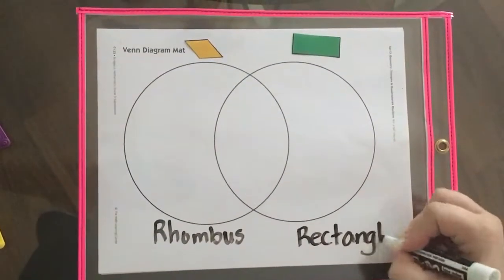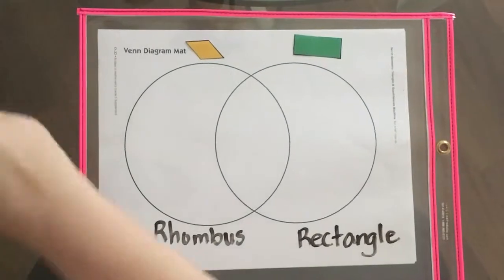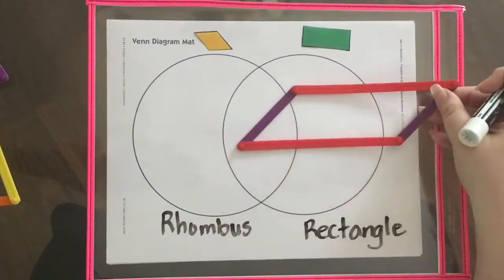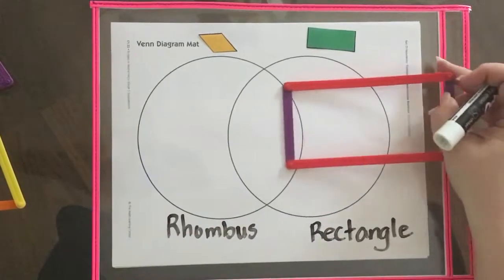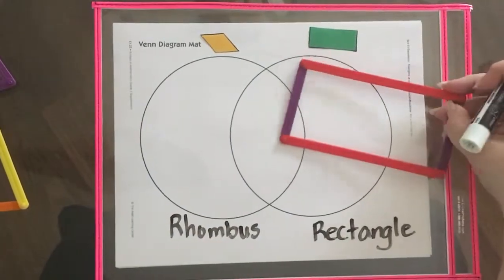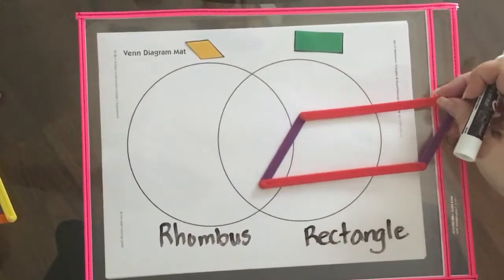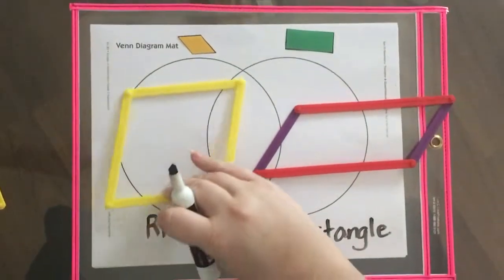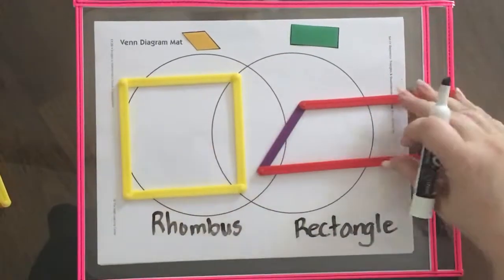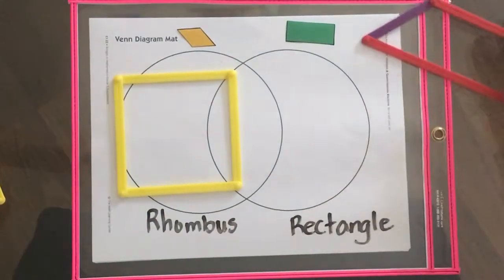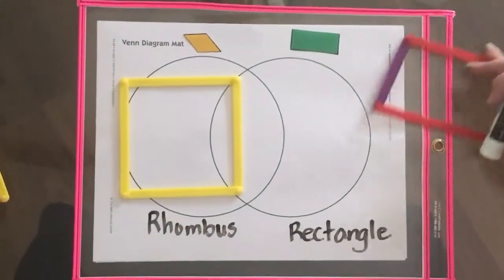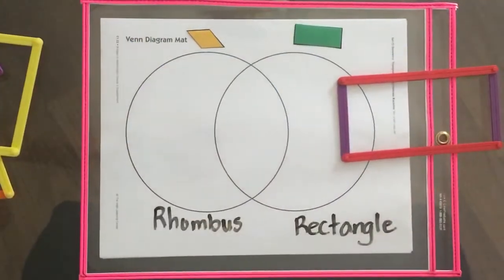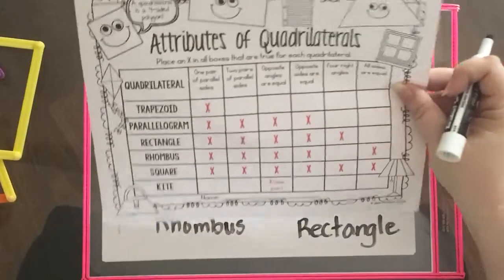Students can work by using their manipulatives to see if they can remember the attributes of these shapes, and they can actually work with one of the shapes at a time. Or they can just revisit the attribute chart that they did the prior day.